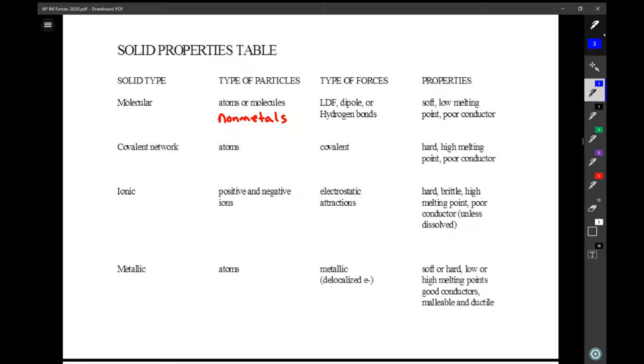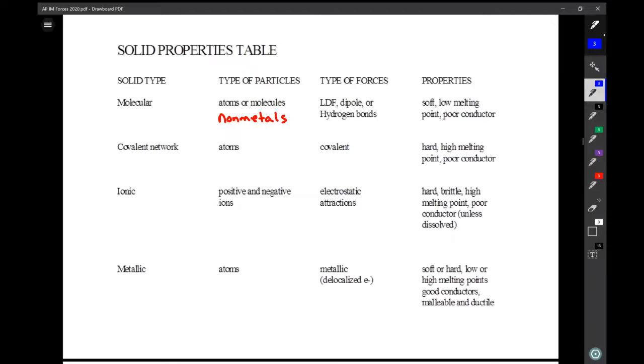Ionic compounds, electrostatic attractions of positive and negative ions. Electrostatic means you have a positive ion and a negative ion attracted to each other. They're very hard. They can be brittle, which means if you hammer it, it's going to shatter into a million pieces. It's not going to flatten like a piece of metal. High melting point.